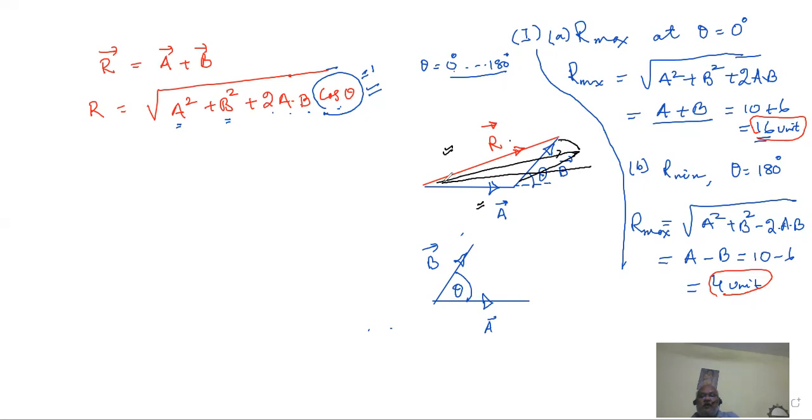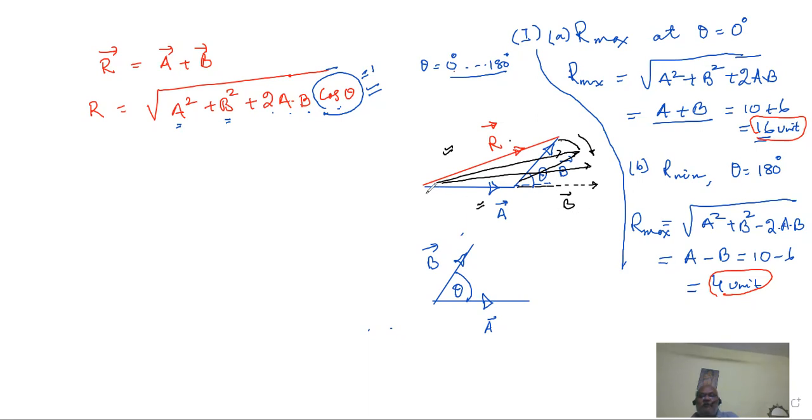If you do like this, if you turn B lower and lower in a direction like this, we can clearly see that the resultant is increasing. Ultimately, the last case will be when B lies flat on A. At that time, the resultant will be maximum, because if you turn B further, the head of B goes to the fourth quadrant, so the resultant again decreases.